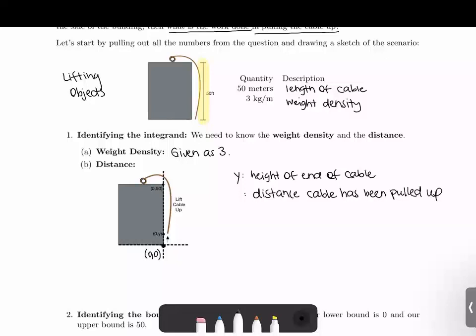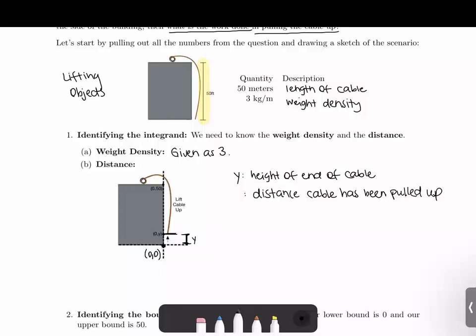You can see that y corresponds with the end of the cable, but it's also a distance of y, right? It's where the end of the cable is, but it's also how far we've lifted it up because we're starting at 0. So that's what our y is going to represent.